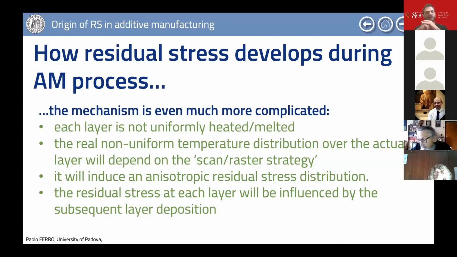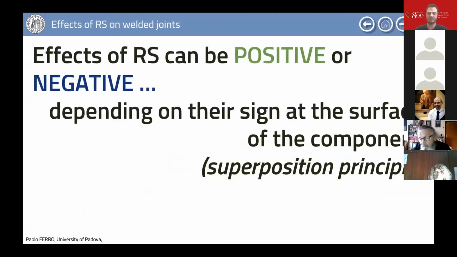Of course, as I wrote, it will also induce an anisotropic residual stress distribution because of this effect. And then the residual stress at each layer will be influenced by the subsequent layer deposition. So you can imagine that at each point of the additive manufacturing components, the thermal-metallurgical history is very complex and very long compared to what happens in a welded joint, for example. So it is a very complex phenomenon.